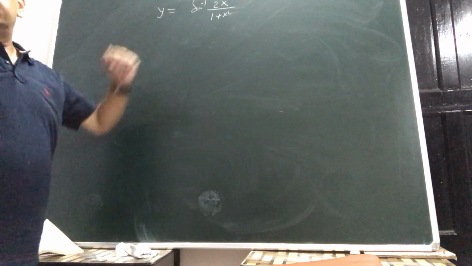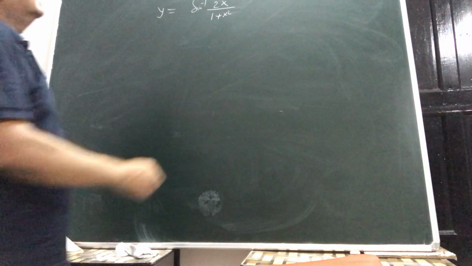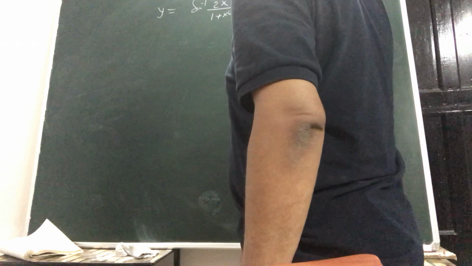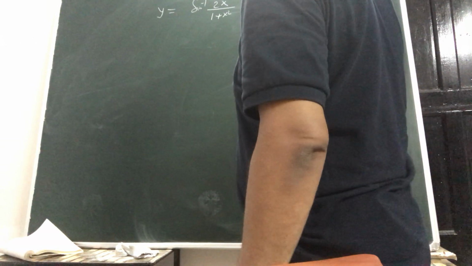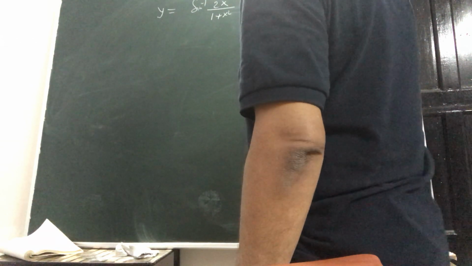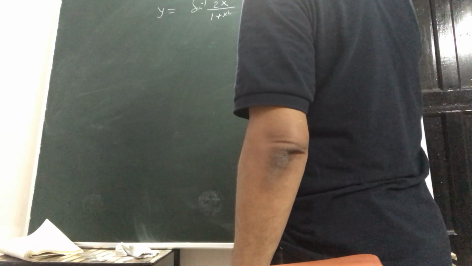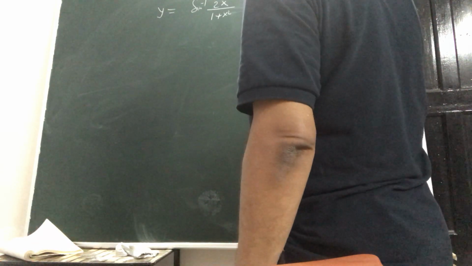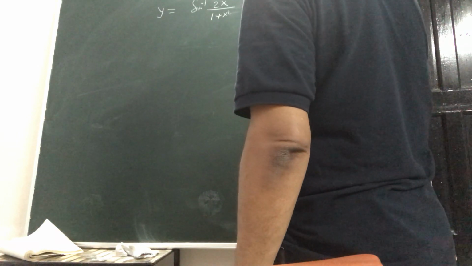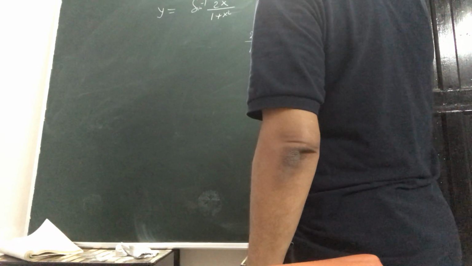Now what I will do is, here I will put x is equal to tangent theta. Why am I putting this? Because I know 2x upon 1 plus x square will be 2 tangent theta upon 1 plus tan square theta, that is sec square theta, and this is 2 sine cos, which is nothing but 2 sine theta upon cos theta, and this 1 sec theta will go upward, and this is your sine 2 theta.